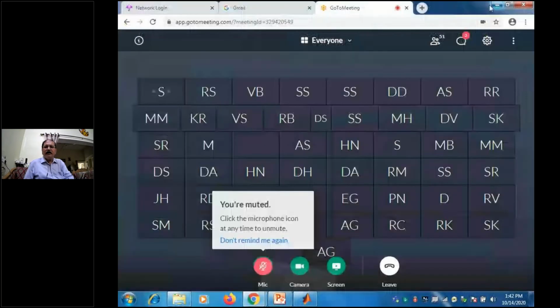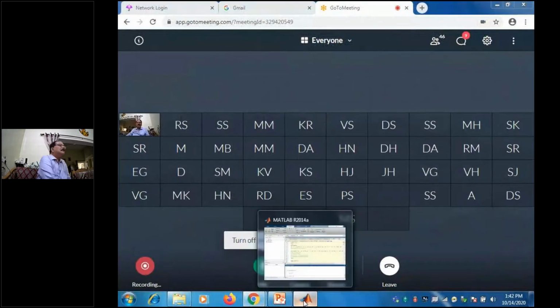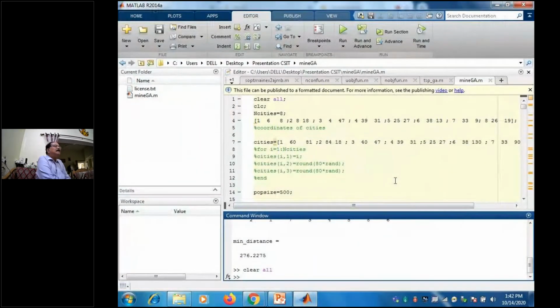I shall show you a very interesting thing. We normally come across the traveling salesman problem, which is used in many types of operations management problems like scheduling problems and vehicle routing problems. But the traveling salesman problem is the basic problem.